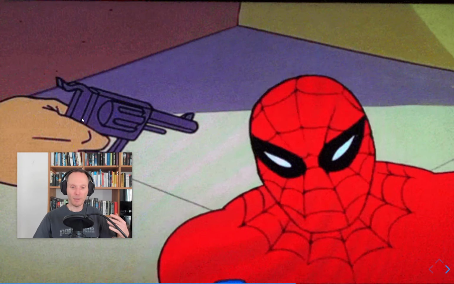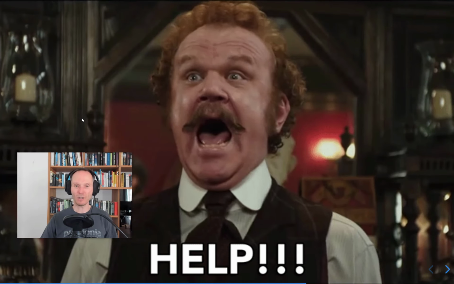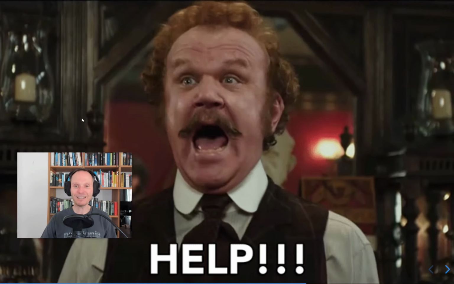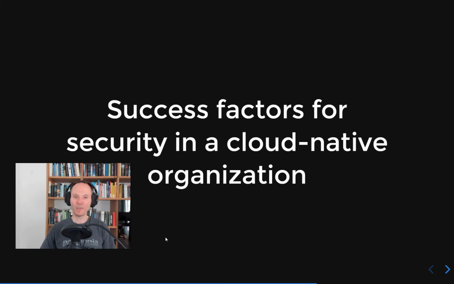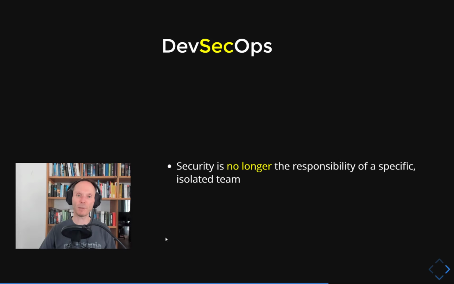So the point that I would like to make here is that these companies need help, and the help comes with these success factors that I'm going to talk about now. The most important point that should help us in becoming successful in a cloud-native world with security is to accept that security is no longer the responsibility of a specialized, isolated team.